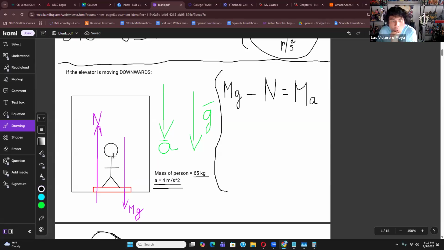Logically, what your body is going to exert on the scale is going to be greater than the normal. That's why now we write it like this: mg, so your body's weight, minus the reading on the scale, equals your mass times acceleration.